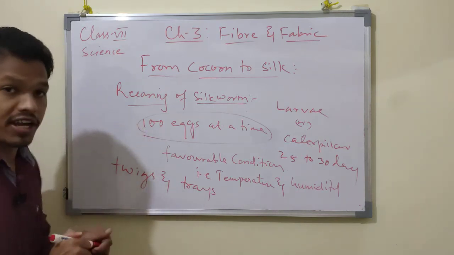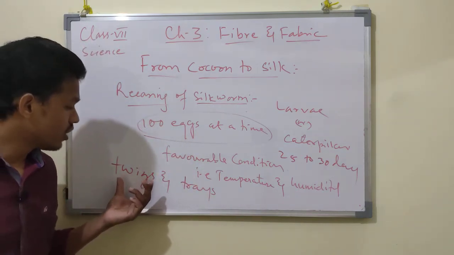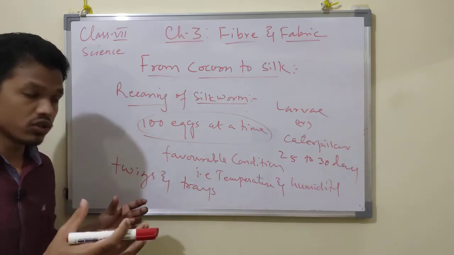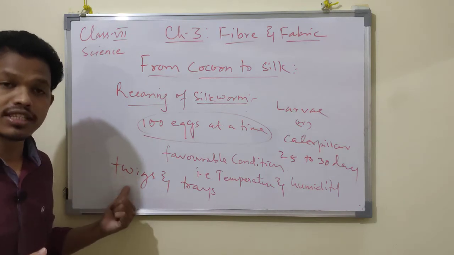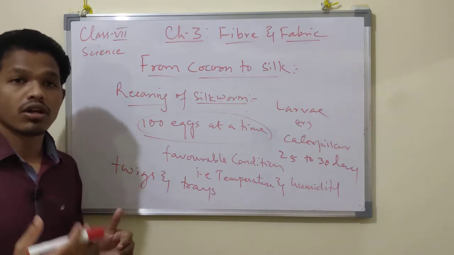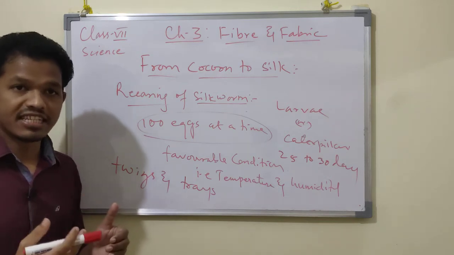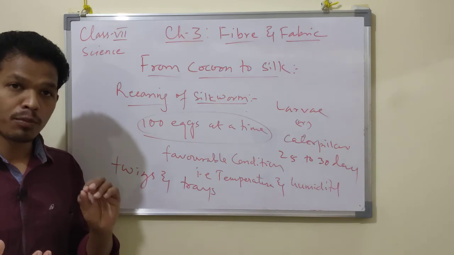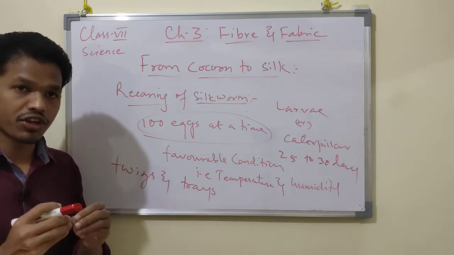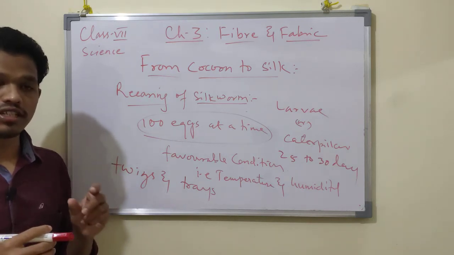The caterpillars come and attach themselves to the twigs and start weaving nets. After forming the nets, they release some protein. That protein is exposed to the air and becomes a tight fiber, which is known as the cocoon.